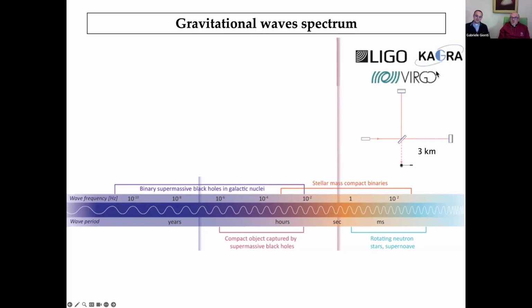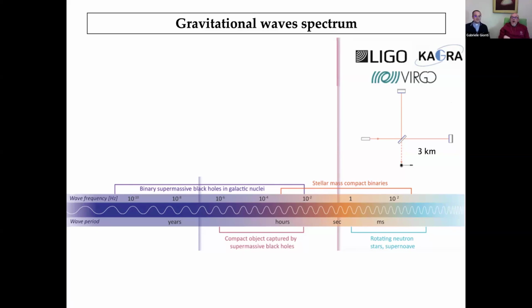Gravitational waves were discovered with this kind of detector. The order of magnitude of the detector is kilometers. After multiple reflections, you can have a much bigger effective length of the interferometer. But this is the order of magnitude of the instrument that you can build on Earth.